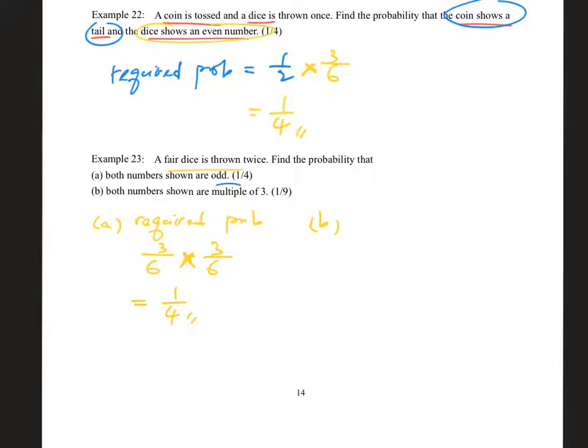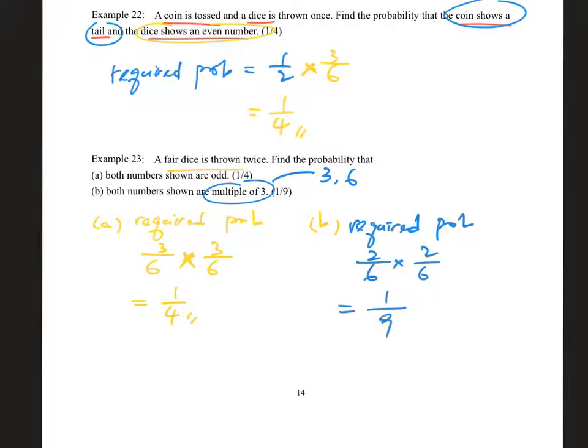If you want to get a multiple of 3 in part B, the question is more or less the same. This time multiples of 3 include 3 and 6, so 2/6 is the probability of each event. The second time the dice is thrown, it gives you 2/6 as well. Finally, it gives you the answer of 1/9.